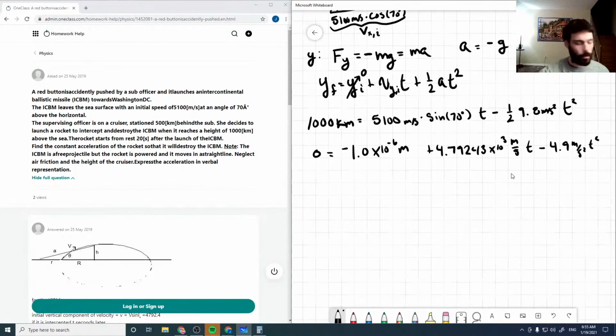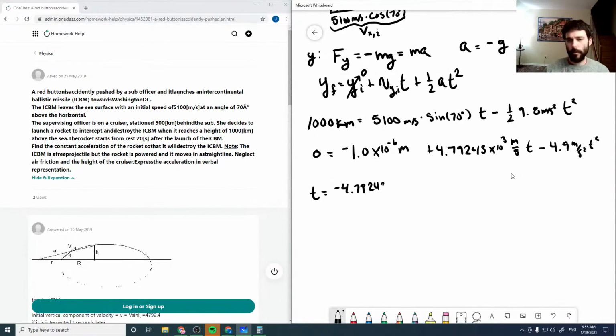I can use the quadratic equation here and say that t is minus 4.79243 times 10 to the 3 meters per second, plus or minus the square root of 4.79243 times 10 to the 3 squared, minus 4 times 1 times 10 to the 6.